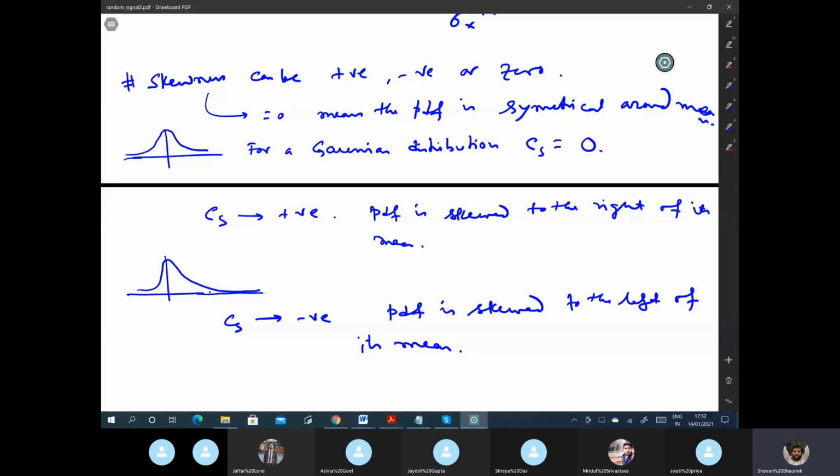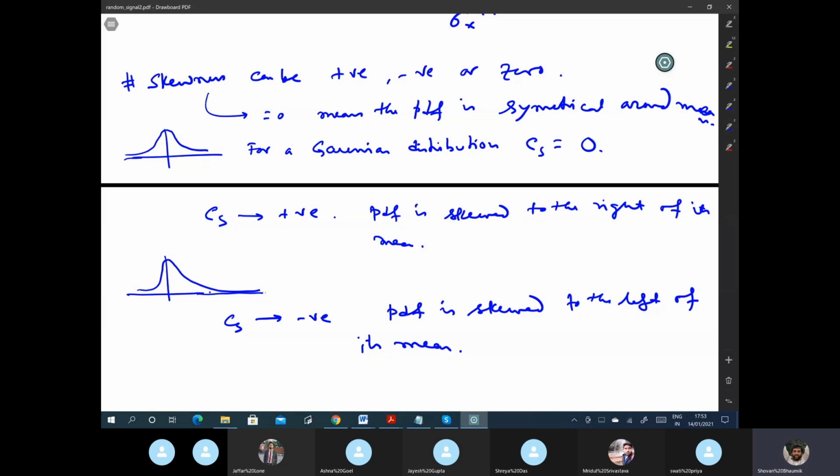Now kurtosis. If it is more, that means the PDF is concentrated near its mean, and if it is less, that means the PDF is not concentrated. A random variable which has a large coefficient of kurtosis will have a larger peak near the mean.